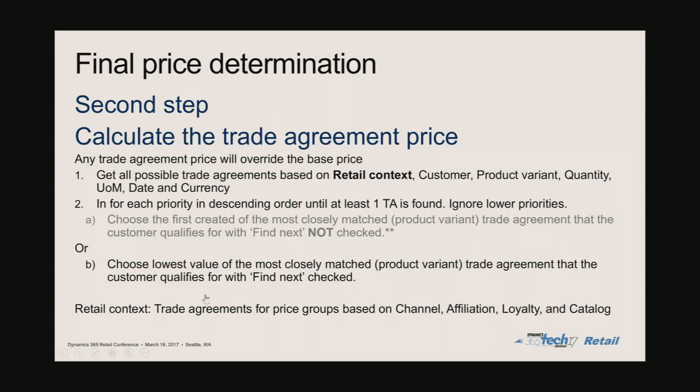So I saw inconsistent behavior when you had trade agreements with and without find next. If none of them have find next, there's a pattern that it follows, and it uses the first created one. So if I create a whole bunch and none of them say find next, it just uses the first one. If they all say find next, then it'll search and find the lowest.